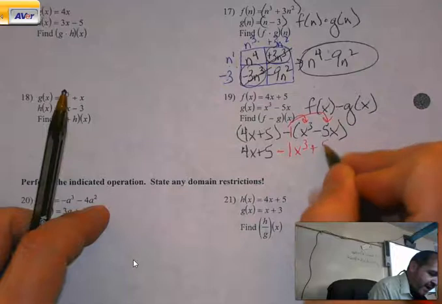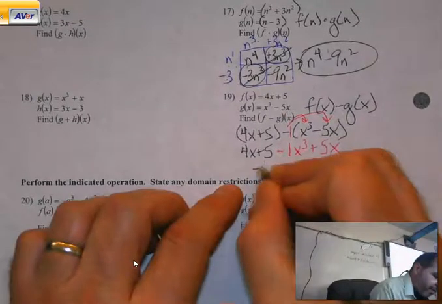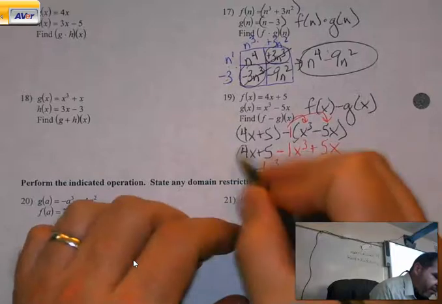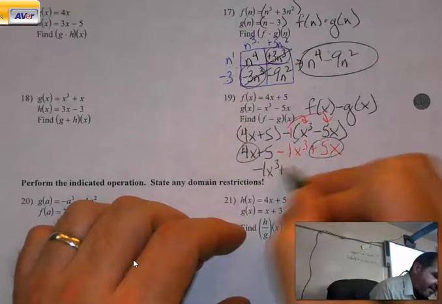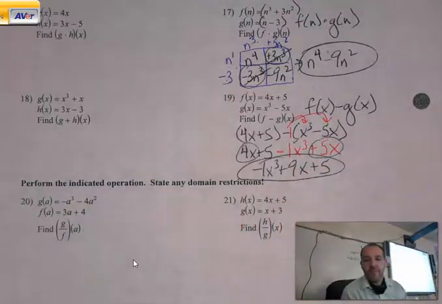This will become positive 5x. And now it's just back to a combining like terms game. 4x and 5x is 9x plus 5. And we're set there. Okay.